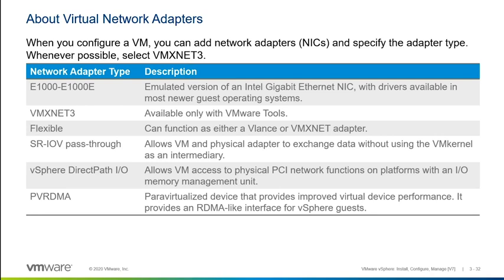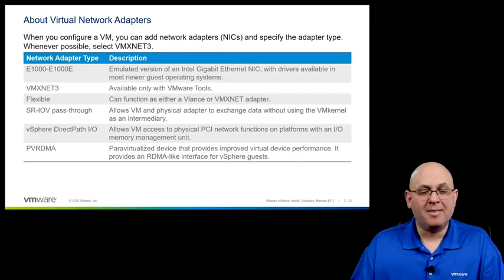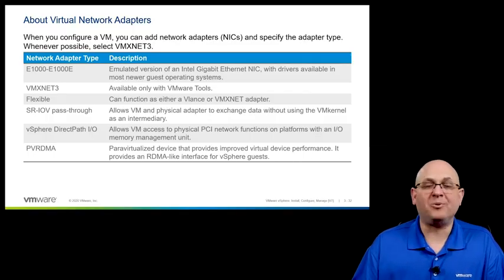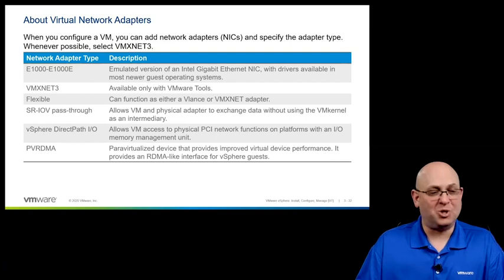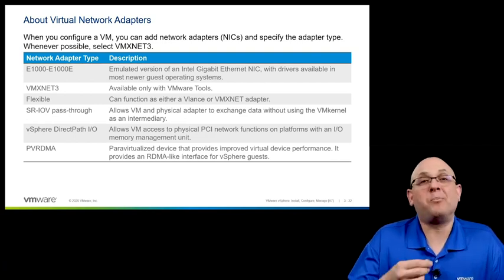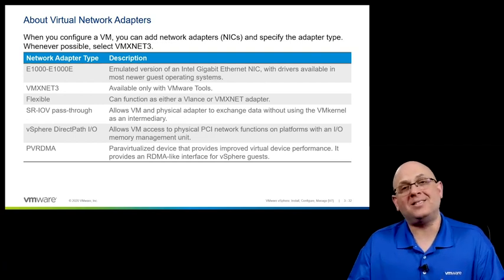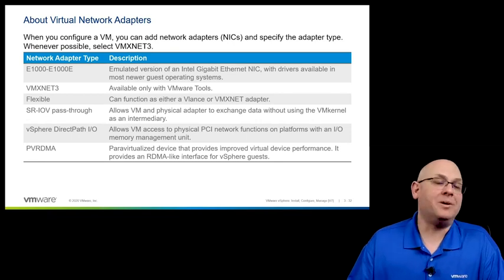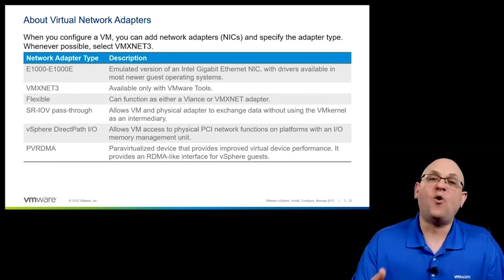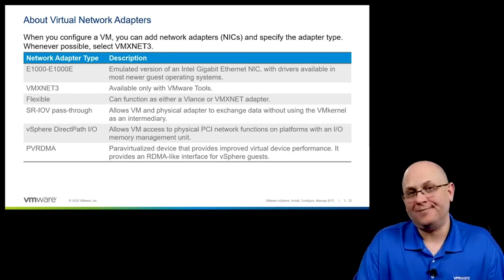Now, like I said before, there are a number of types of virtual network adapters that are available to us. When ESXi builds a virtual machine and you've chosen the guest OS type that you are going to be installing, ESXi will tell you the most appropriate virtual network adapter. The most appropriate virtual network adapter is not always the one that you should use. What makes it appropriate is that that guest OS, in all likelihood, has a built-in device driver for that virtual network card.